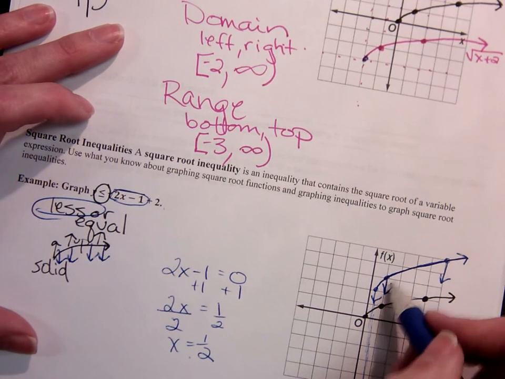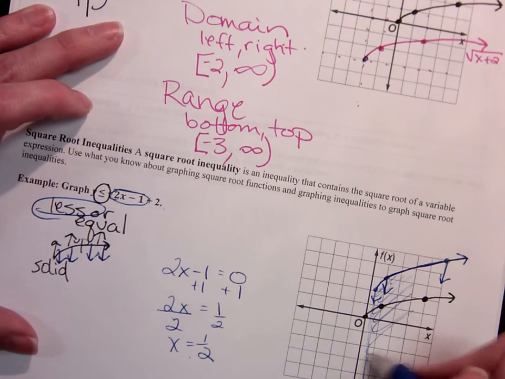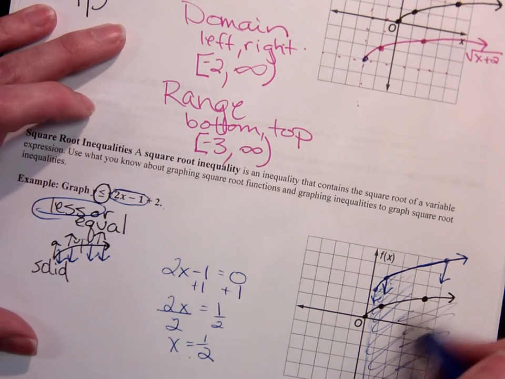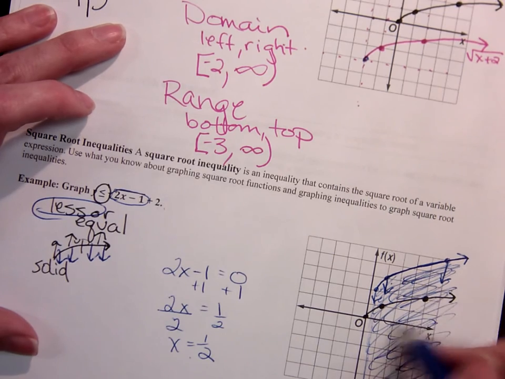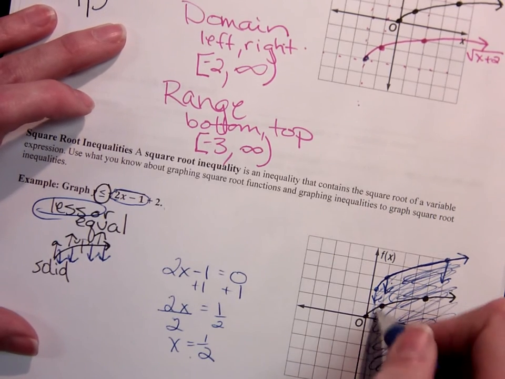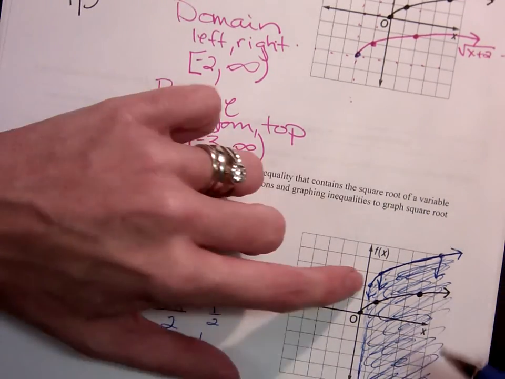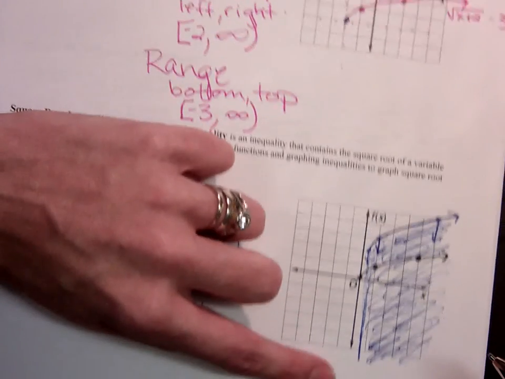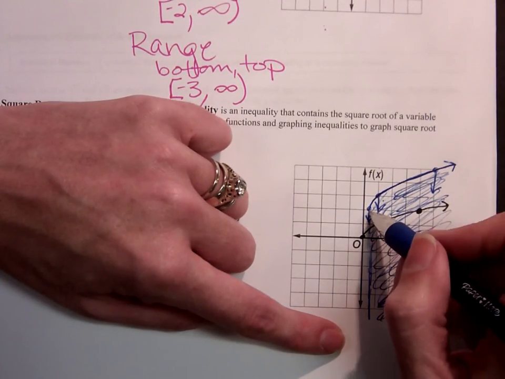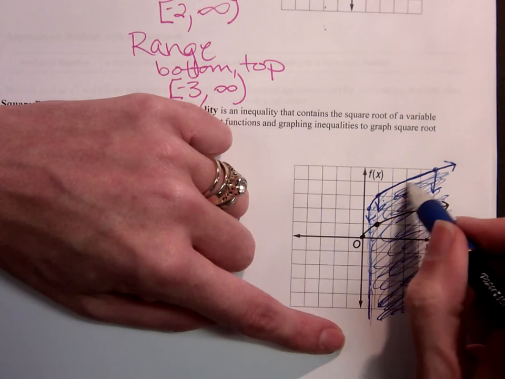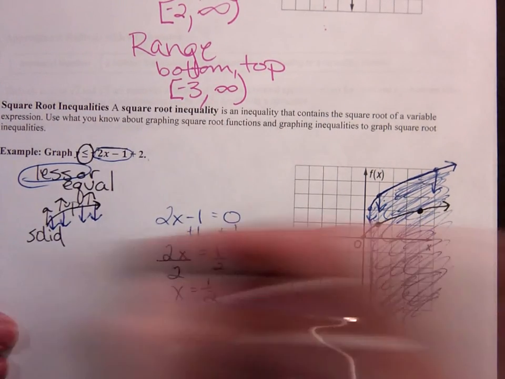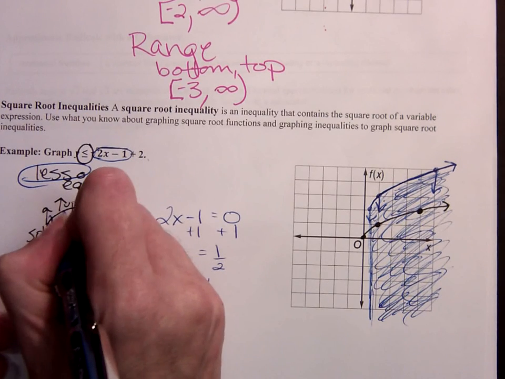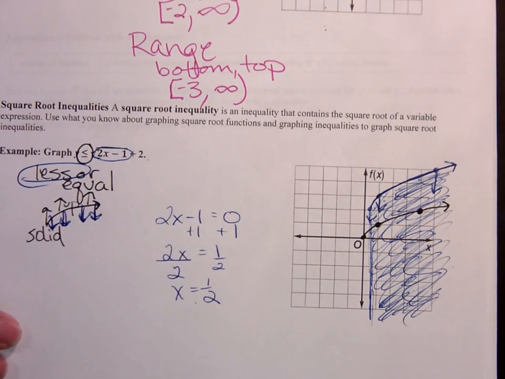None of those points work, but everything else in this area does. And this is what my graph looks like. You've got to be very careful that you drop this straight down where it goes and everything underneath it. Okay. There's our graph.